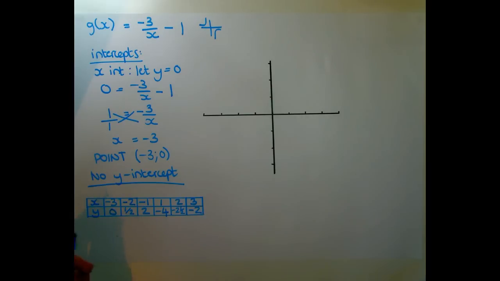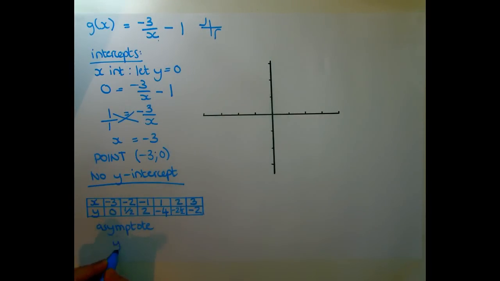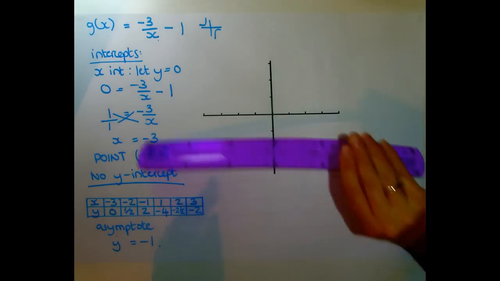I need to also have my asymptote, so I'm just going to write that down. So my asymptote, I read straight off the graph, it is that. It is the line y equals -1, and that's where I start the plotting process.